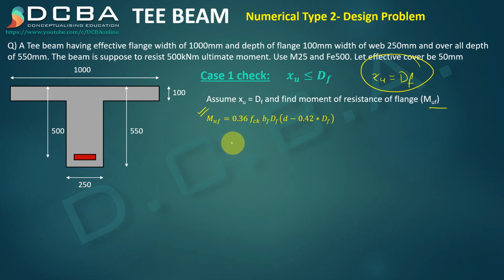So MUF is 0.36 into FCK 25,000 into 1000 into 100 into (500 minus 0.42 DF). MUF I get as 412.2 kilonewton meter, and I have my MU value, which is 500 kilonewton meter. So I can say that this is less than MU.